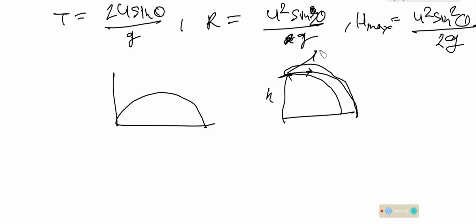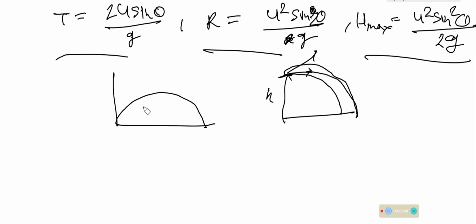So in this type of projectile motion, we cannot use these formulas. These formulas will be used only when the point of projection and the point of collision lie in the same horizontal plane, same horizontal line.